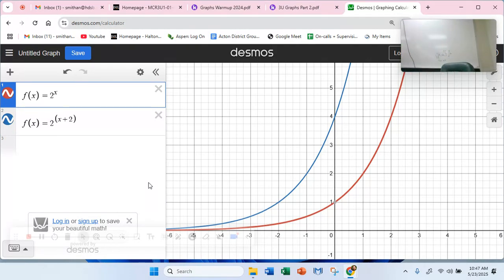Every point has just been picked up and shifted over left 2 units. The point 2, 4 moved left 2 units. The point 0, 1 moved left 2 units. Guys, the same rules for parabolas and transformations work with our exponential functions too.